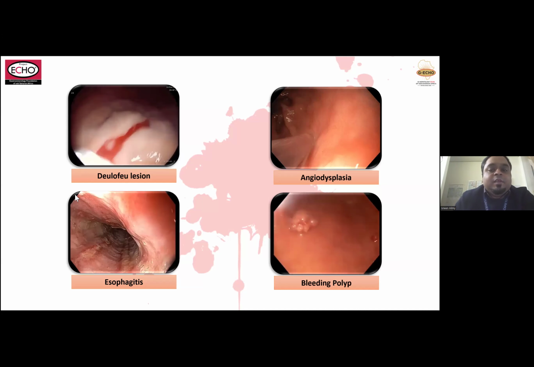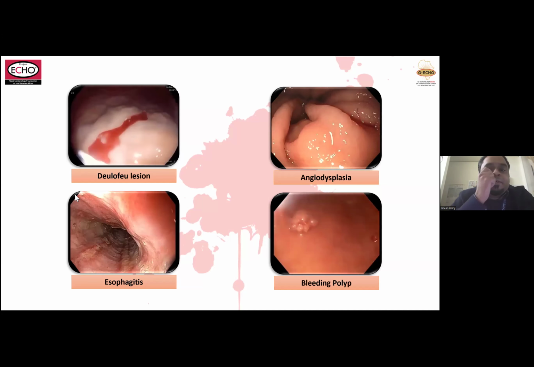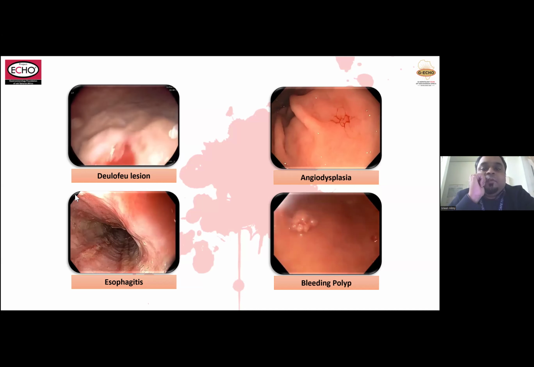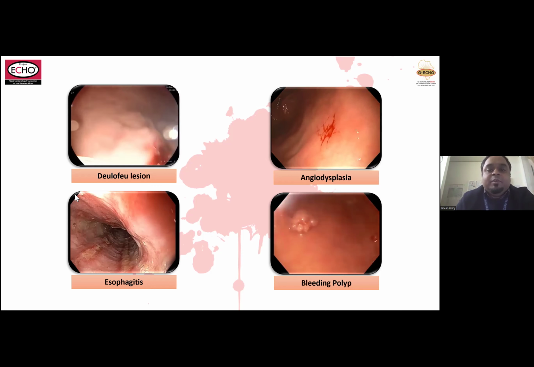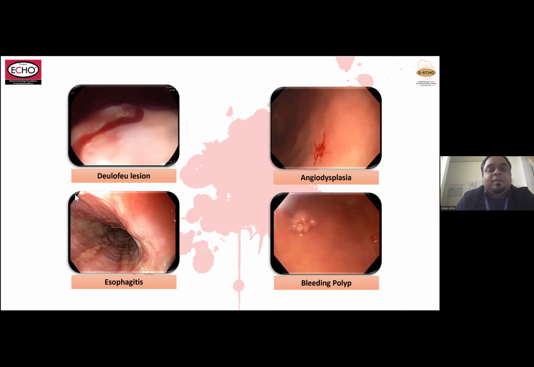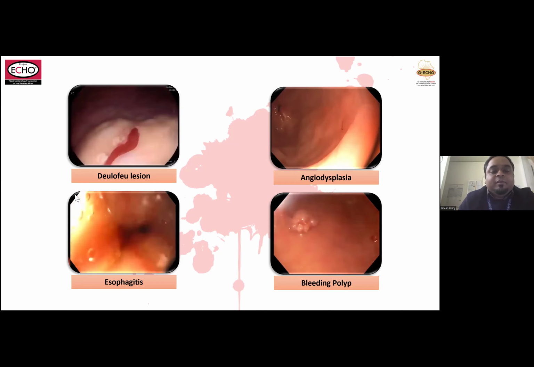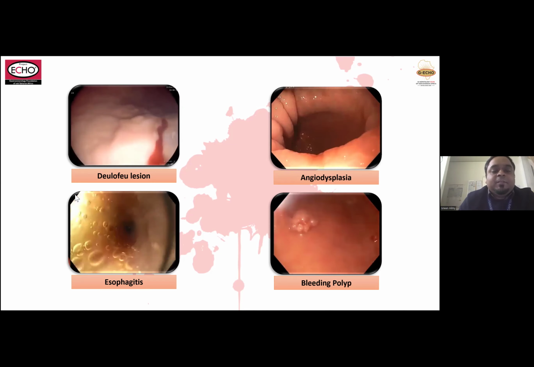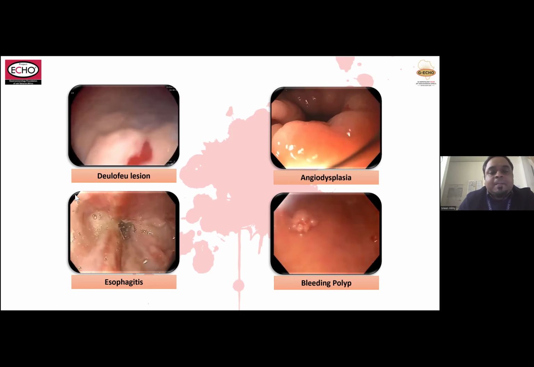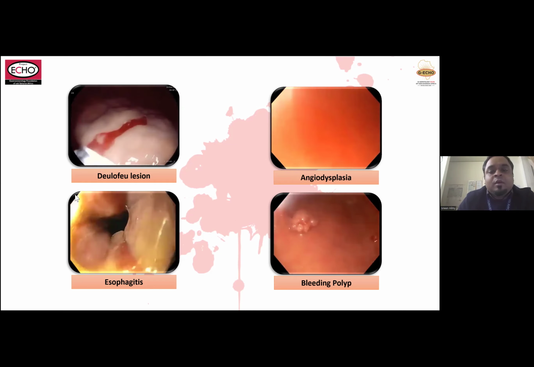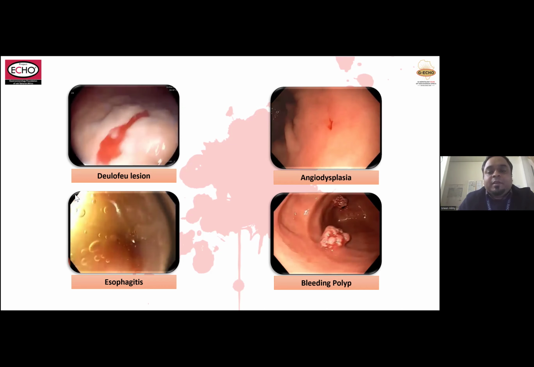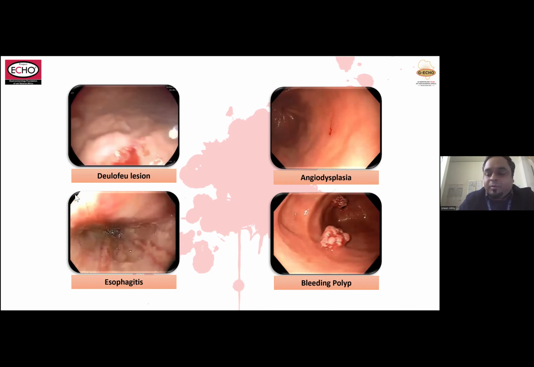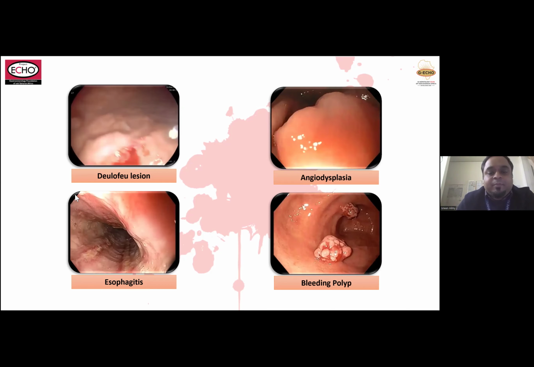Then there's bleeding angiodysplasia, which is also common, but normally they don't cause massive upper GI bleeds. We should always be wary, as sometimes we find very bad esophagitis that has been bleeding. In some cases, you would also find polyps that are bleeding, and one would want to intervene in these patients as well.